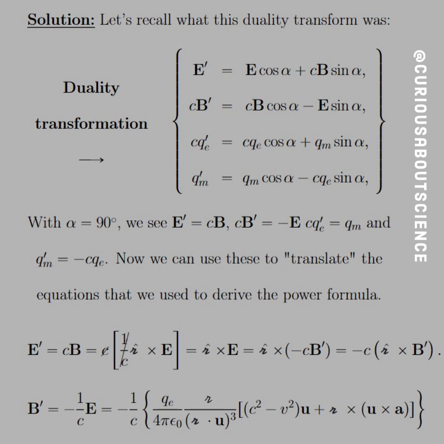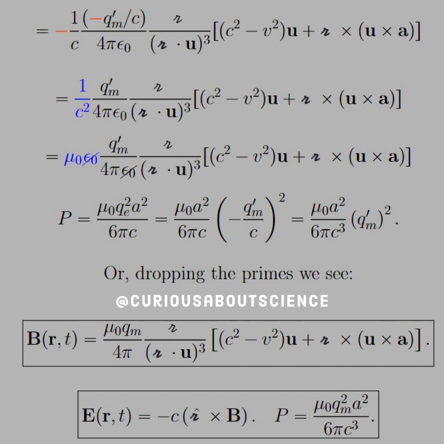We like that. But we also know that B prime is equal to negative 1 over CE. Okay, but our E here was given from the point charge moving in arbitrary motion, which is why you see a QE here. And now what we need to do is transform that into the QM. So we take that point charge QE and transfer it to the QM. As you see, we have a couple of negatives there, so we can get rid of those.